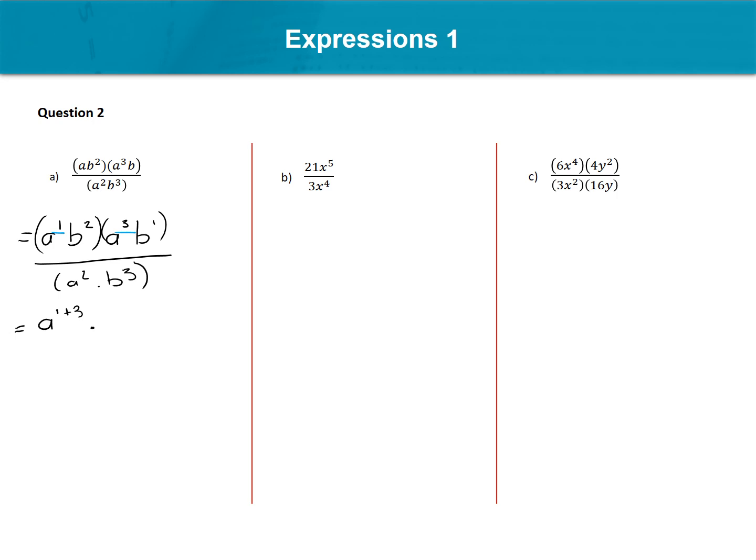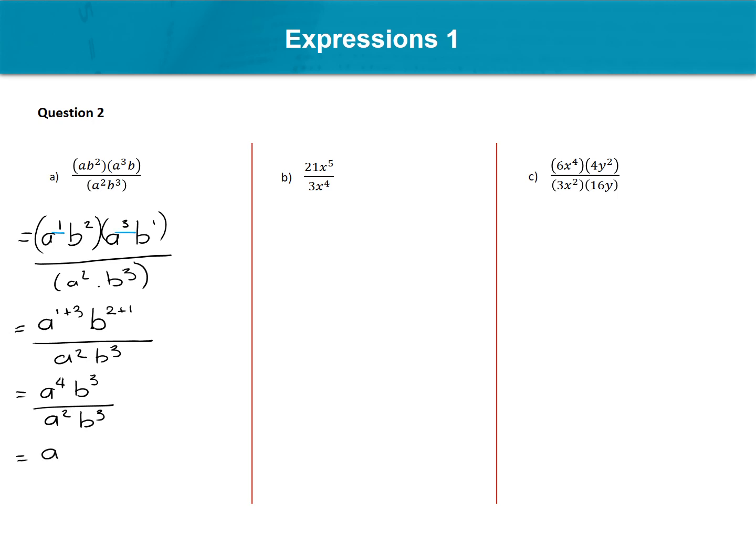And we're going to have b to the power 2 plus 1, all over a squared b cubed, which is a to the power 4, b to the power 3, all over a squared b cubed. So now we can bring our denominators up to the numerators, which means we change their sign.